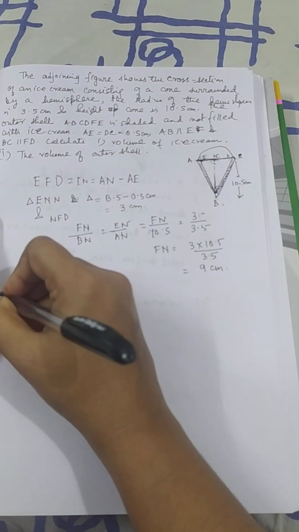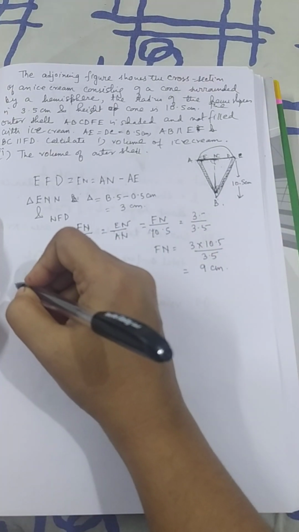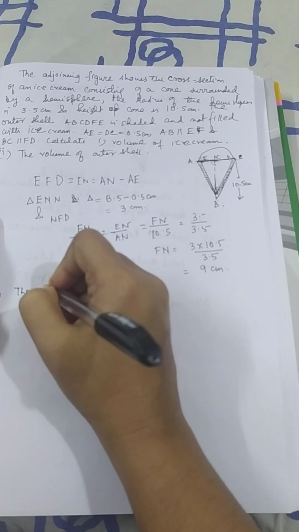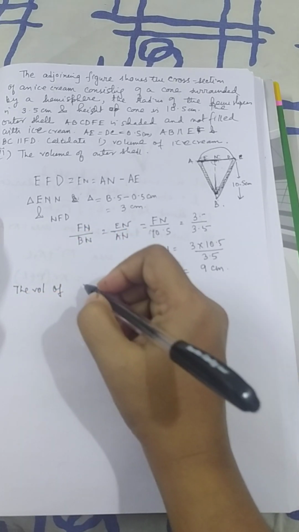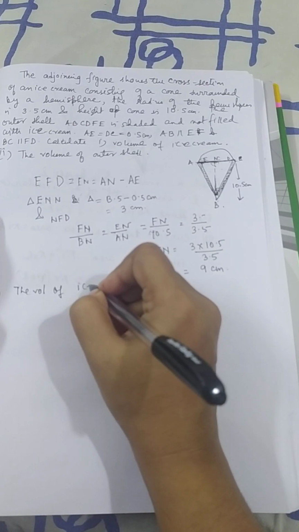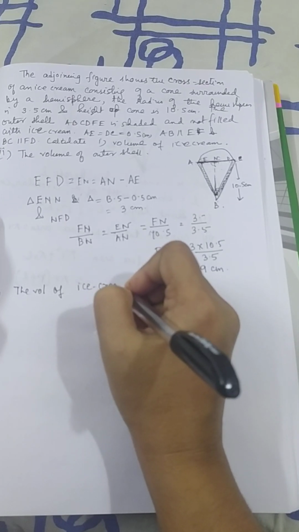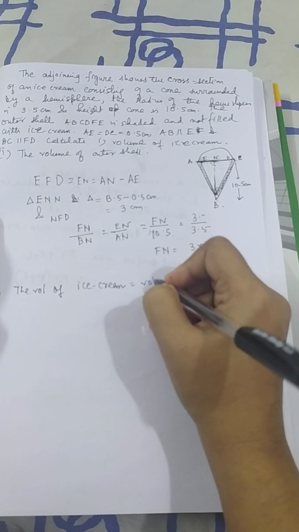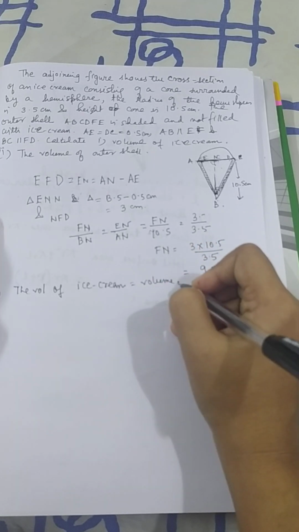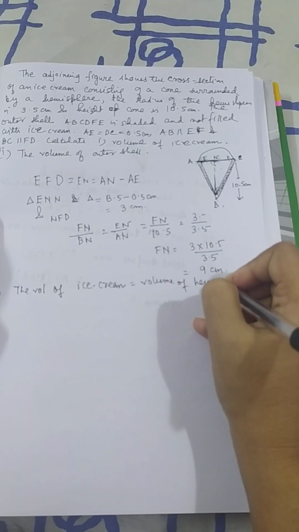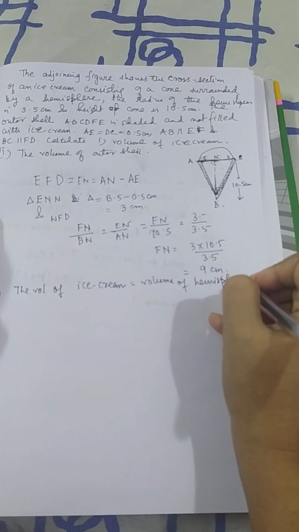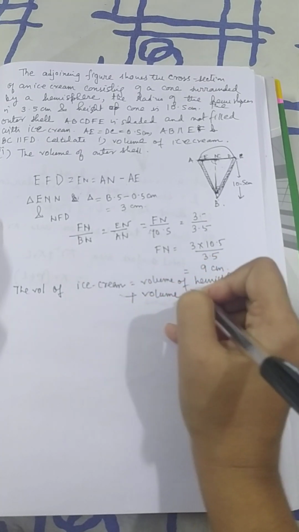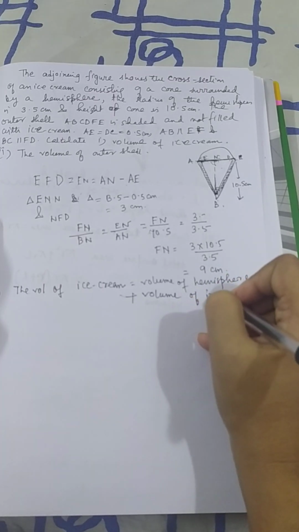Now it will be very easy to find the inner volume. Now the volume of ice cream is equal to the volume of hemisphere plus the volume of inner cone.